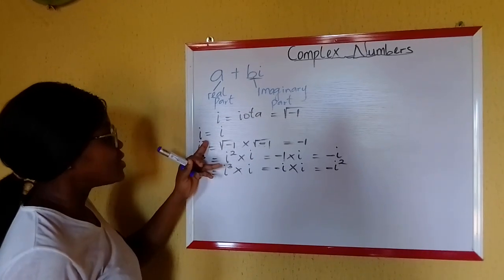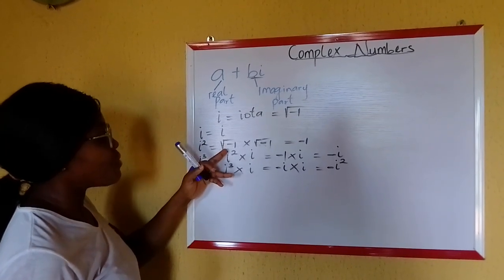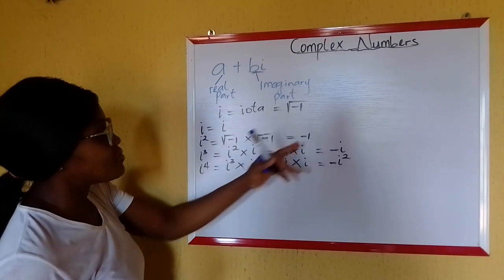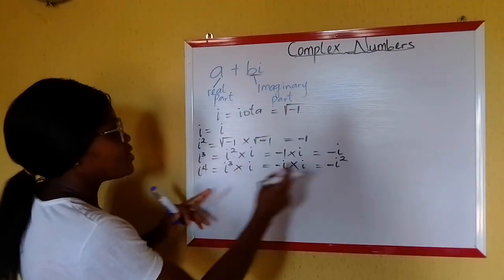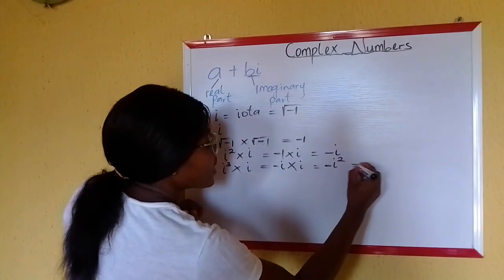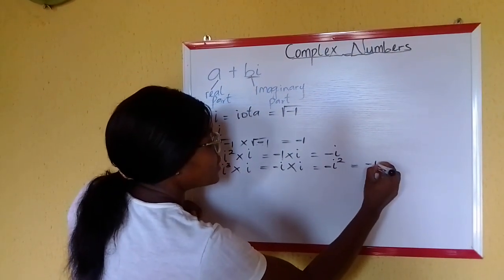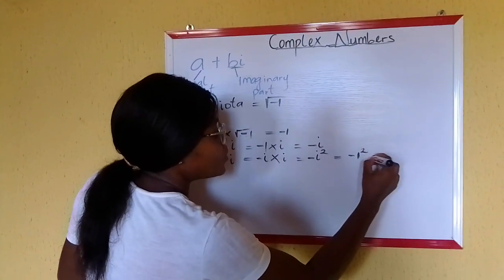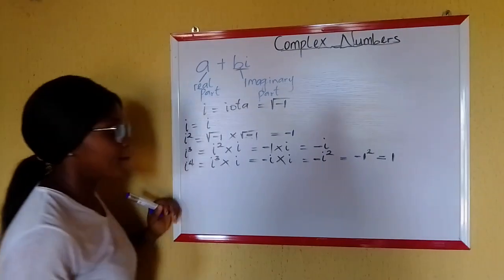And what is i squared? Don't get confused. i squared is minus 1. So you have minus of minus 1, which equals 1.